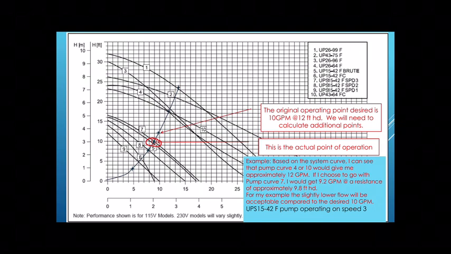Now, what if I said, well, I'm going to use pump curve 10, the 4364 FC, this pump curve 10. And of course, that's this one. And of course, at that point of operation, you can see there's about 3 curves that are all intersecting at the same point.